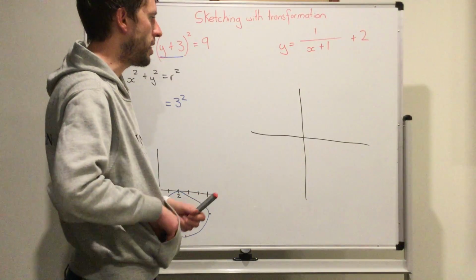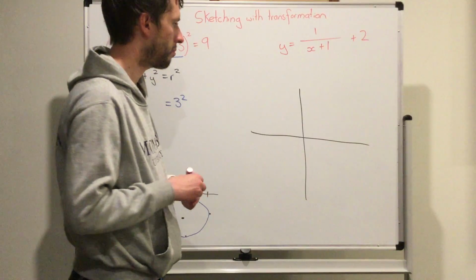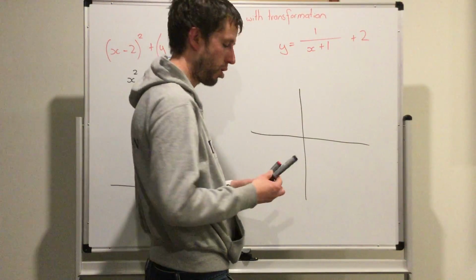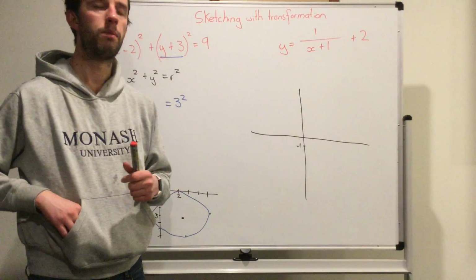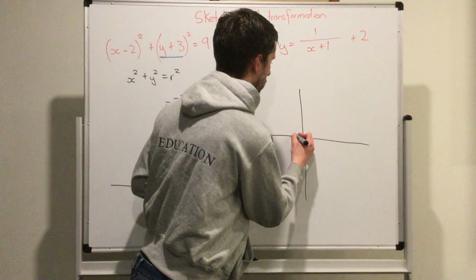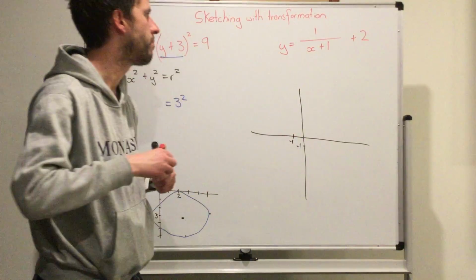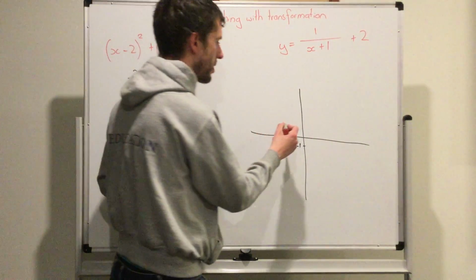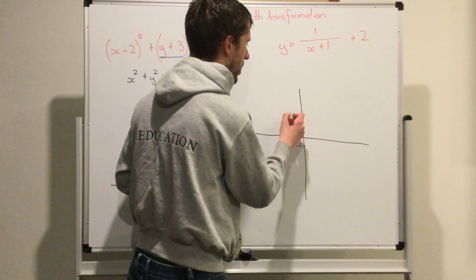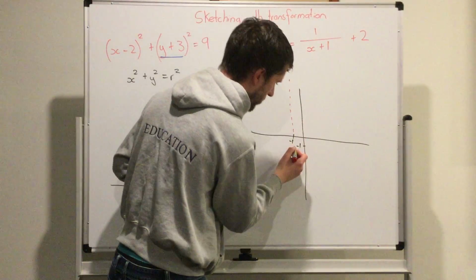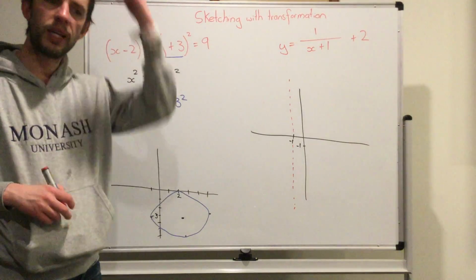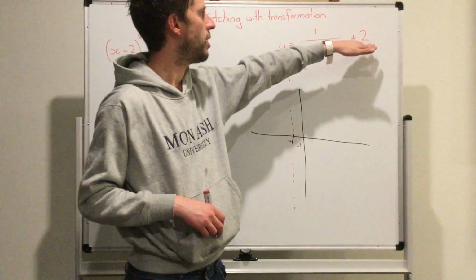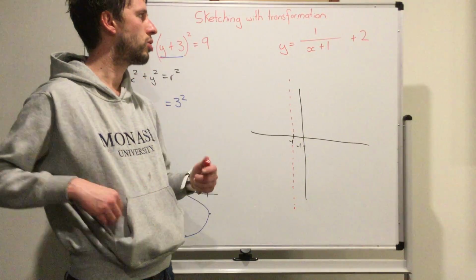So that shows me that on here, when we get to minus 1, sorry, I did it on the wrong bracket, minus 1, I know that x can't equal anything on this line. There we go. The next thing I look at is over here, y, it says plus 2.